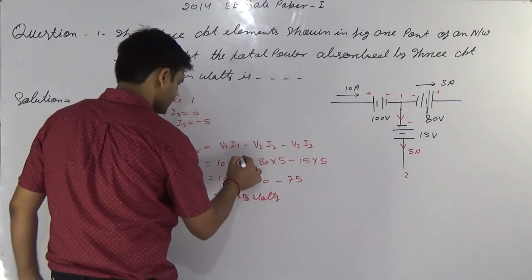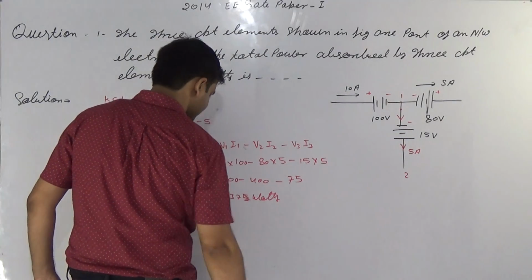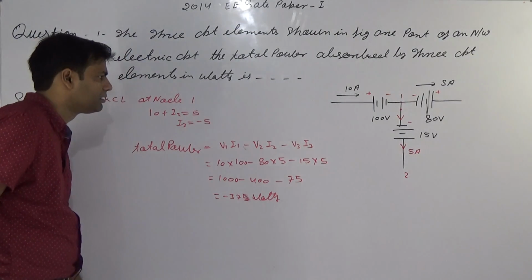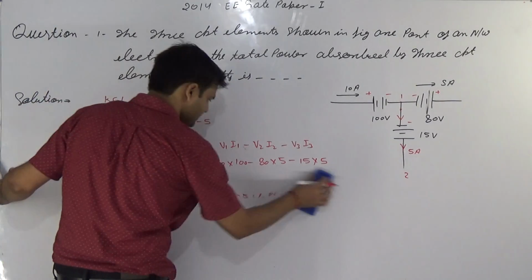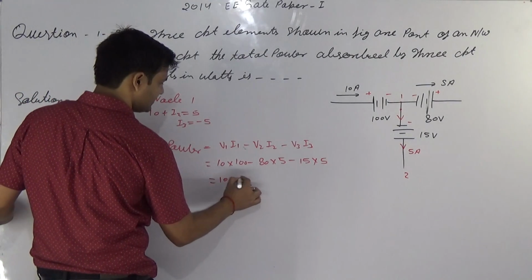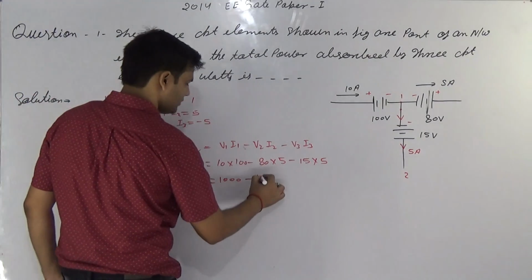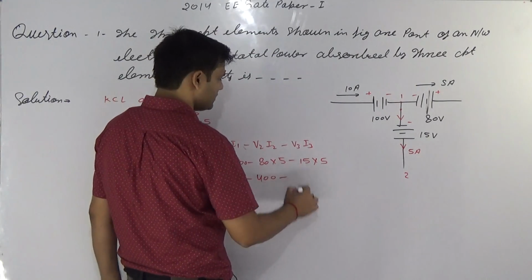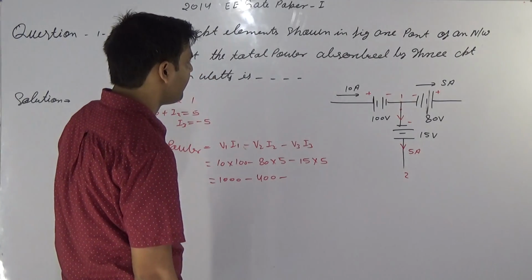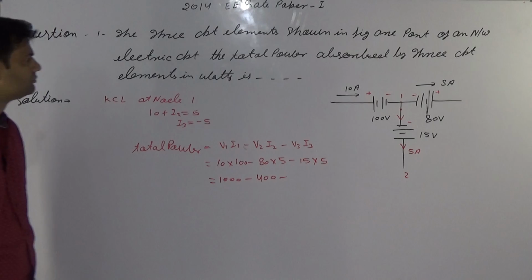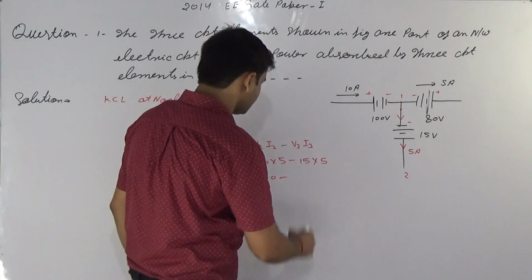Sorry, this is 1000, again a mistake, 1000, this is 10 into 2, 75.